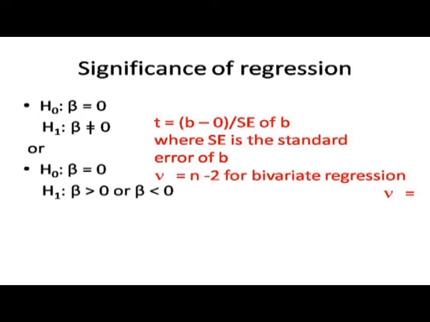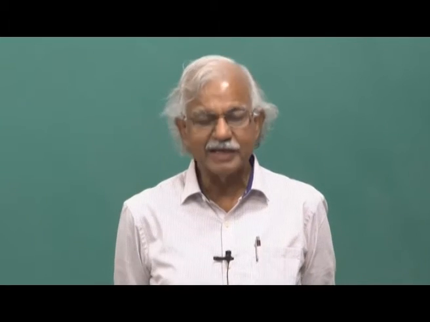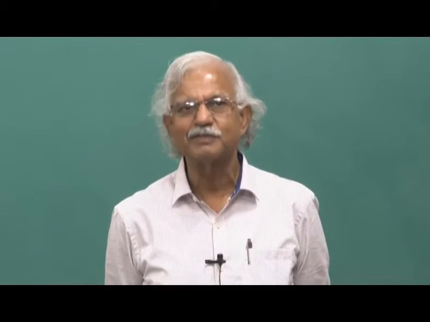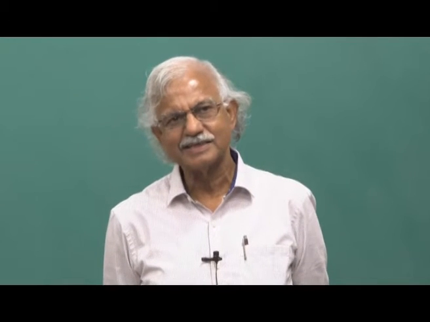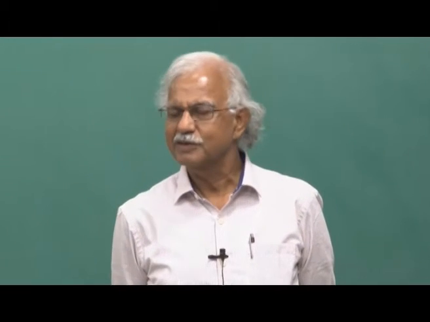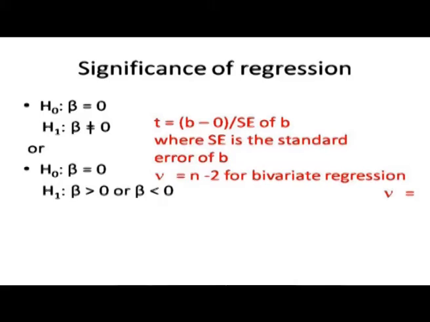The t-test is also used for testing significance of regression. So, when you apply regression analysis, you may apply bivariate regression or you may apply multiple regression. Bivariate regression when you have only one independent variable, multiple regression when you have several independent variables. In the second case, you will have several partial regression coefficients. However, in each case the null hypothesis will be beta equal to 0.